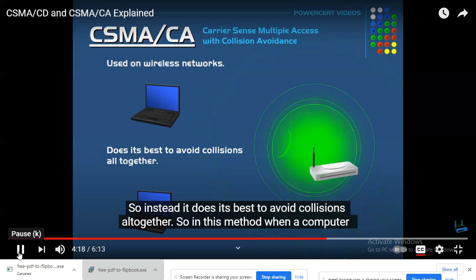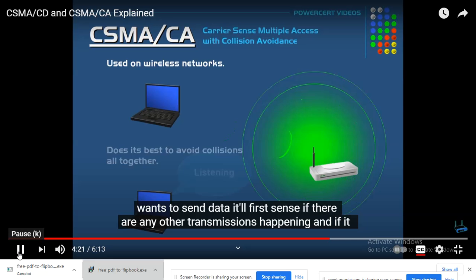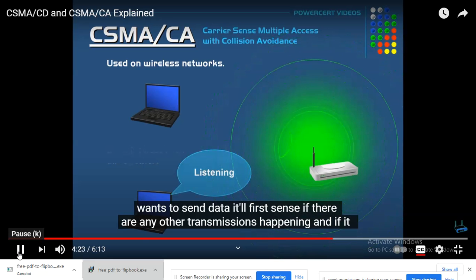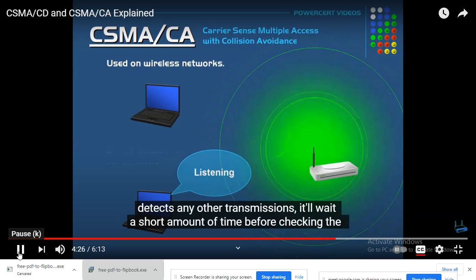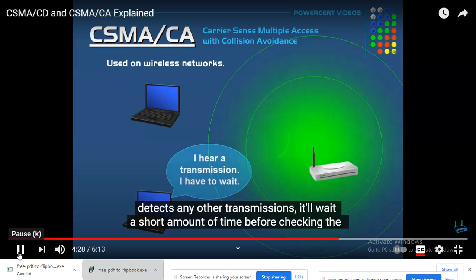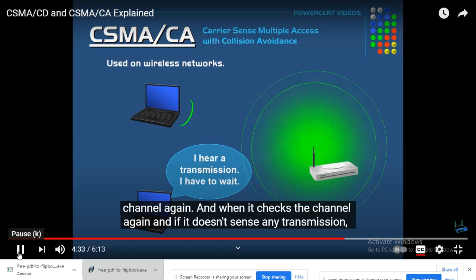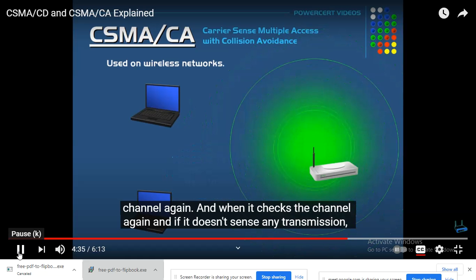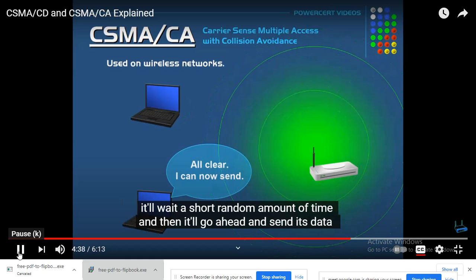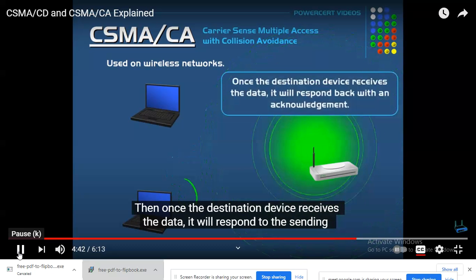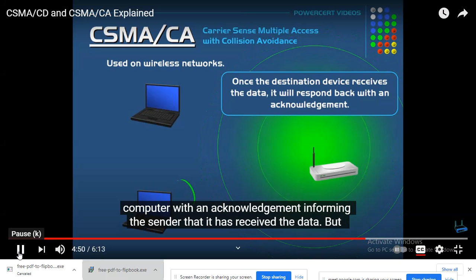So in this method, when the computer wants to send data, it will first sense if there are any other transmissions happening. And if it detects any other transmissions, it will wait a short amount of time before checking the channel again. And when it checks the channel again, if it doesn't sense any transmission, it will wait a short random amount of time, and then it will go ahead and send its data. Then once the destination device receives the data, it will respond to the same computer with an acknowledgement, informing the sender that the data was received.